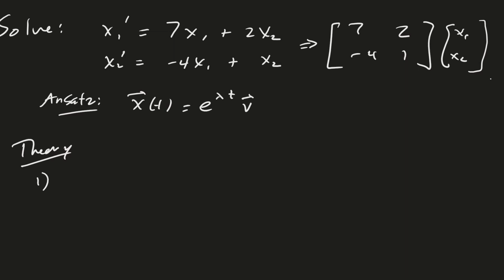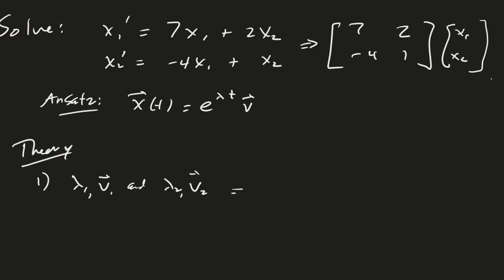Theory, number 1: if λ1 and v1 and λ2 and v2 are eigenvalues and eigenvectors for matrix A, then e to the λ1 t times v1 and e to the λ2 t times v2 each separately solve my original equation.